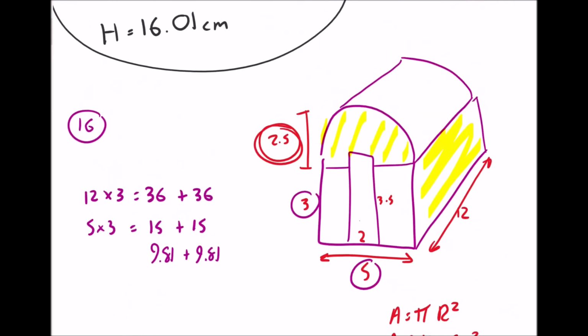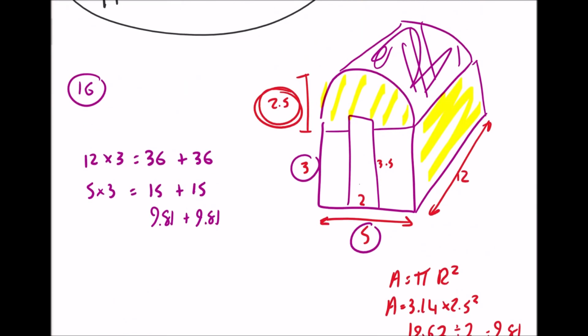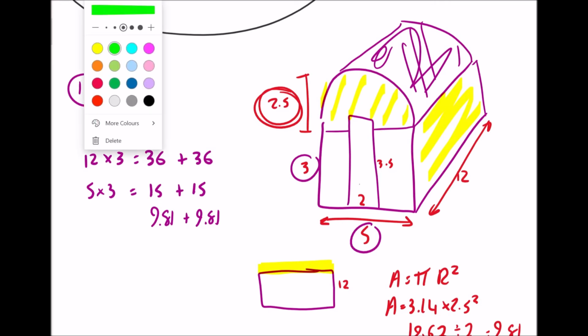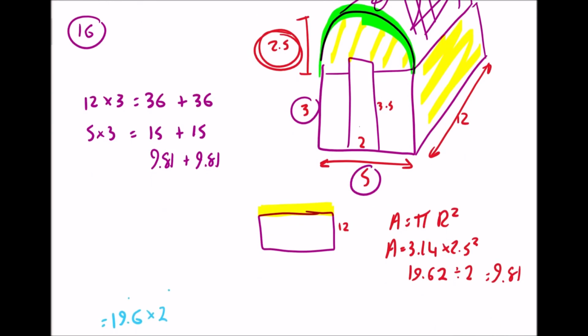So now all we're left with is to get the top semicircle bit. Okay, if we were to flatten this out, it would be a rectangle. The depth of it is 12, and this bit here then will be the same as the circumference of that circle. So we need to find the circumference of that circle. So how do we find the circumference of a circle? We get the diameter, and we multiply it by pi.